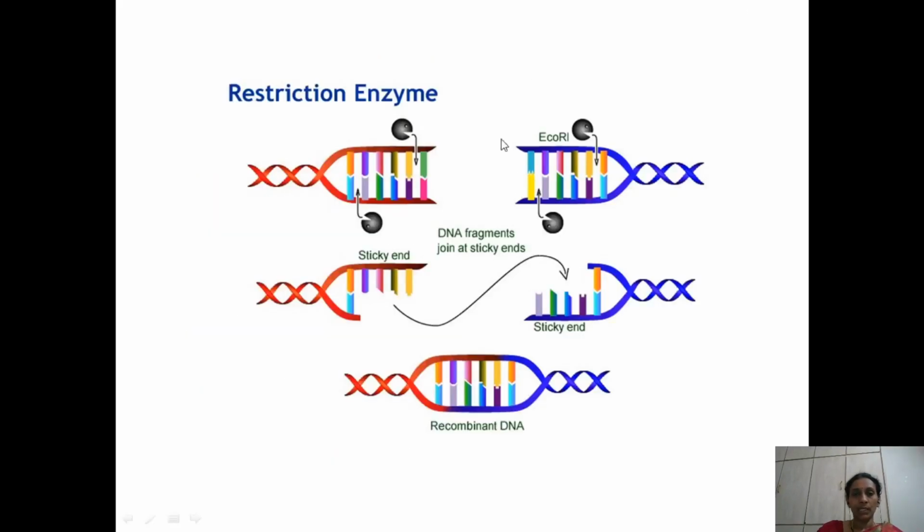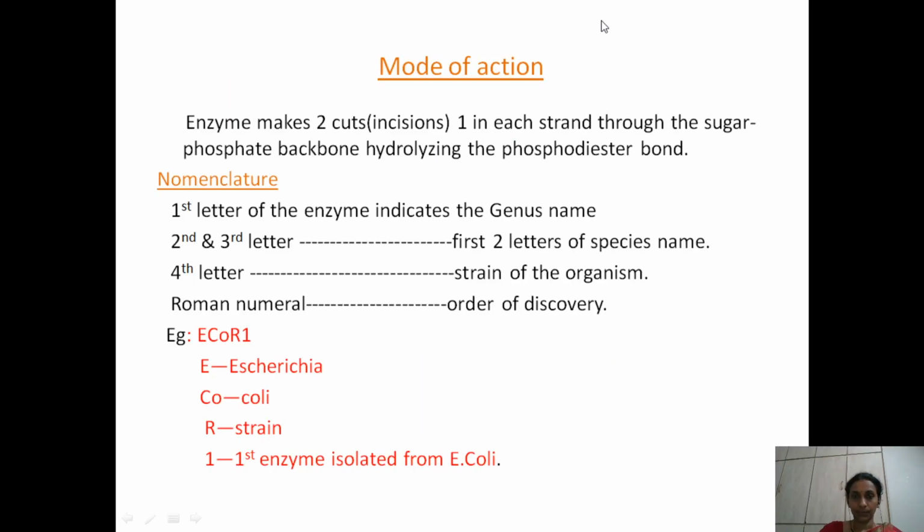See, one cut is made in one strand and another cut is made in second strand. Hence, the enzyme makes two cuts. And the bonds that are broken there are phosphodiester bonds, so that two cleaves or two breaks appear in DNA molecule.